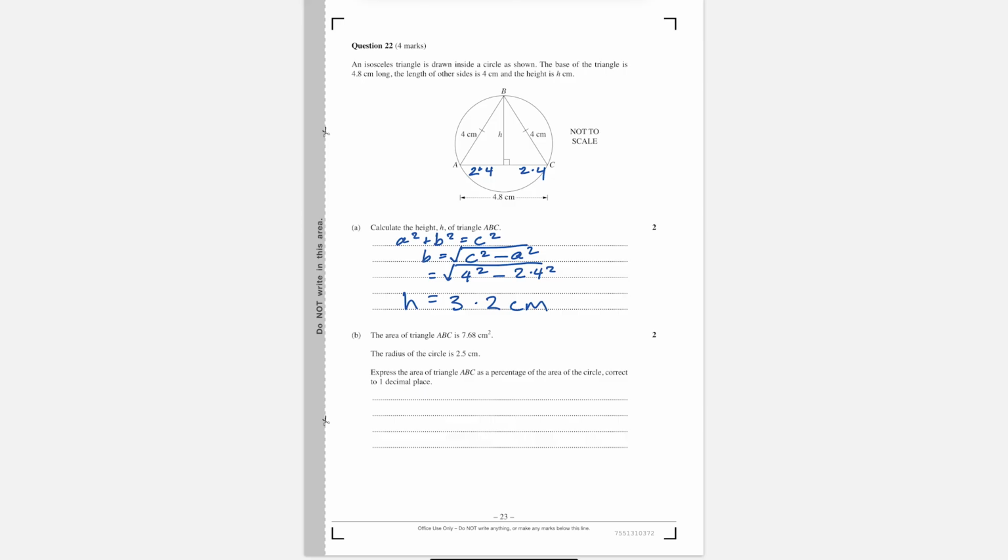Okay, so the area of the triangle is half its base times its height. And we know that that is going to be equal to half times 4.8 times the height, which is 3.2. And the radius of the circle is equal to 2.5.